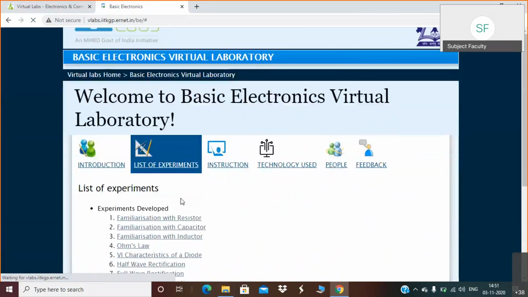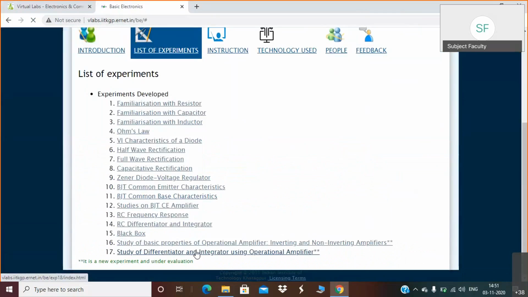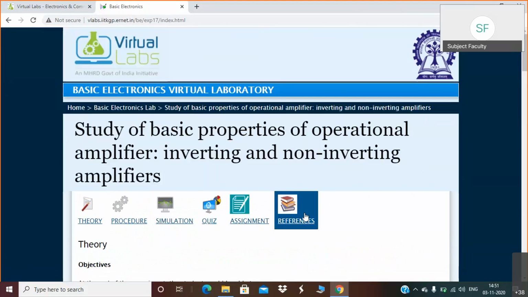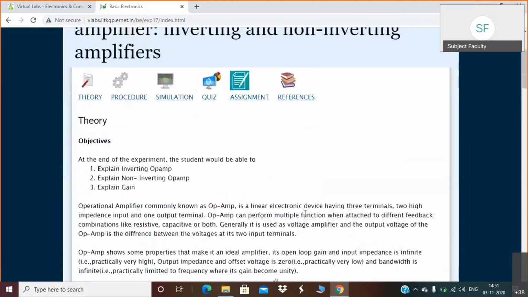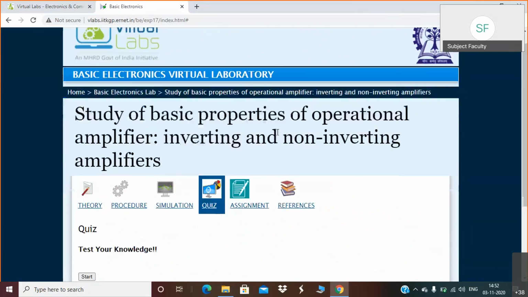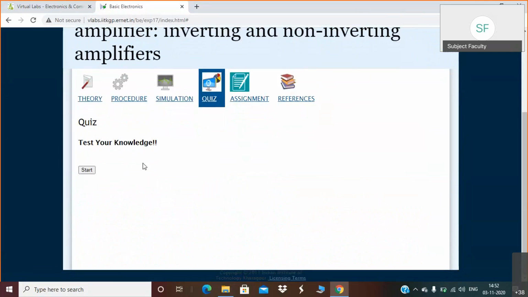We have seen the study of basic properties of operational amplifier, inverting and non-inverting amplifier. Then again, we have done the simulation. There is also a quiz. If you go into this quiz, you can test your knowledge. So shall we go for the quiz?